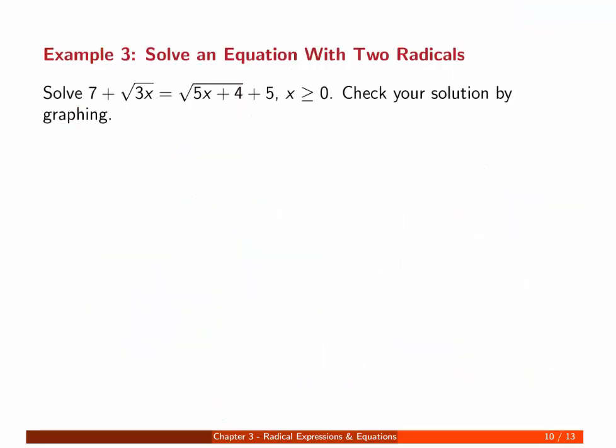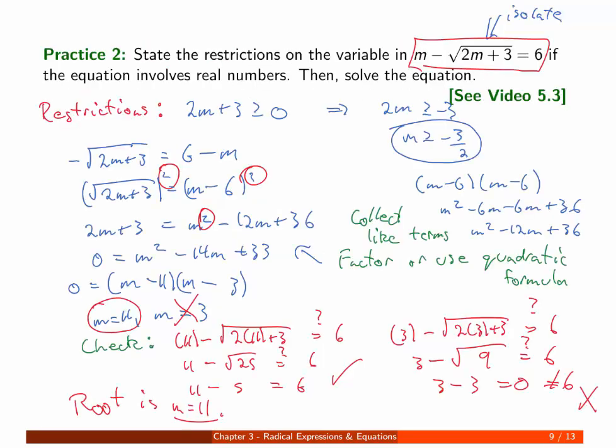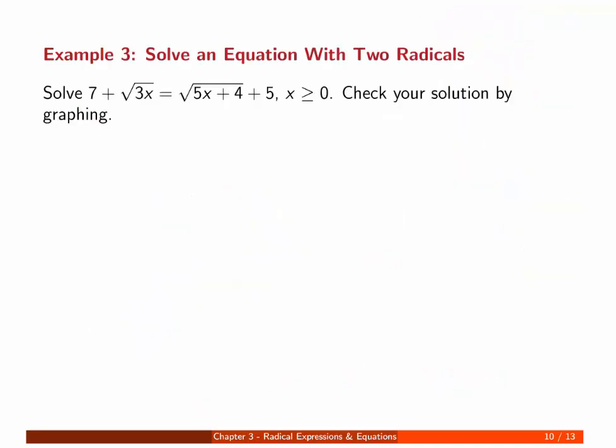So, the last question. As you can see, in this question there's only one radical. The last type is when you have two radicals. Make a decision how you're going to solve this. Check it by graphing. Ooh, I did not do that. Actually, you don't have to worry about that.